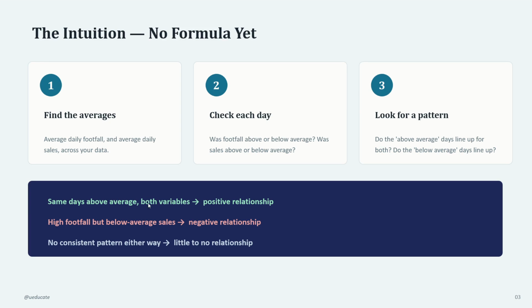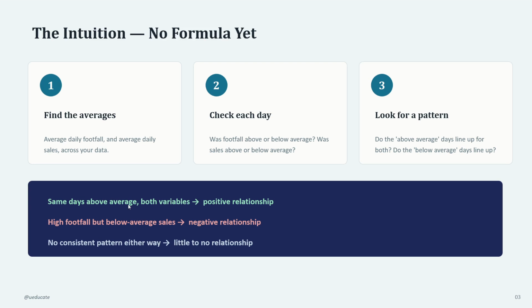On the same days, if both variables are above average and going up, that means there's a positive relationship. If the same day both customer flow and sales are low, no customer, no sales, that is also positive. High customer flow, low sales, negative relationship.